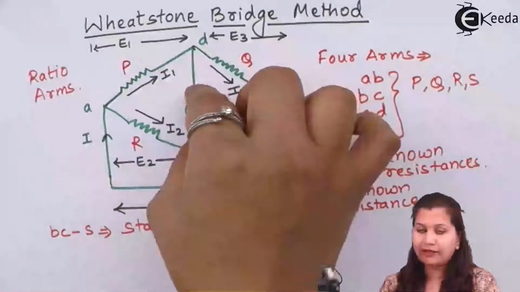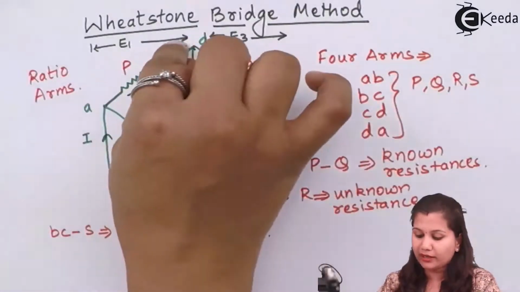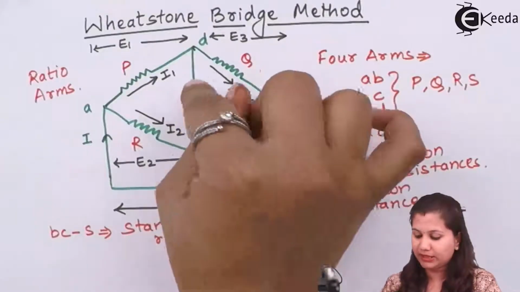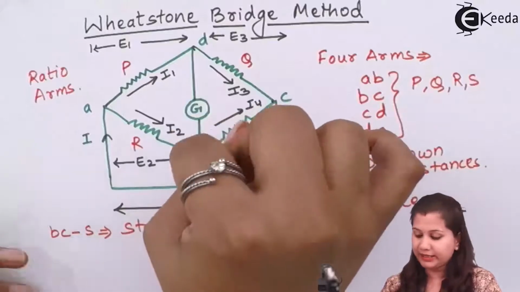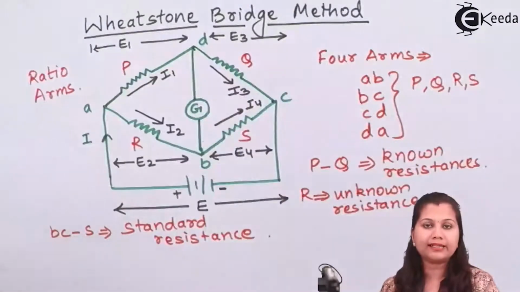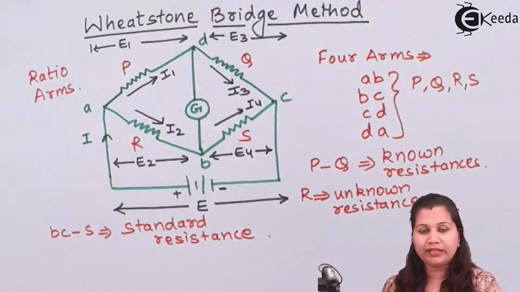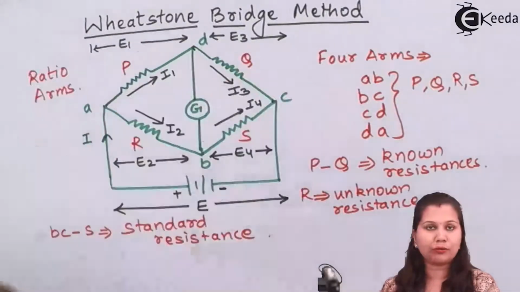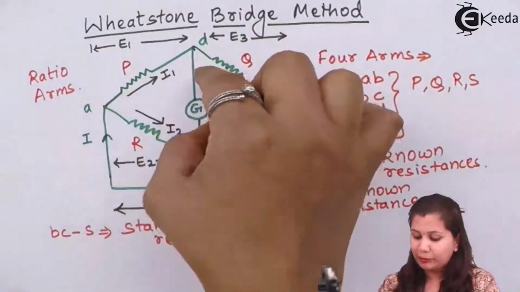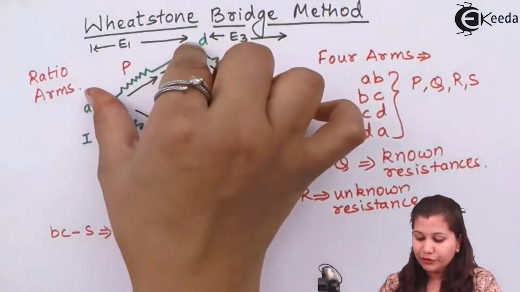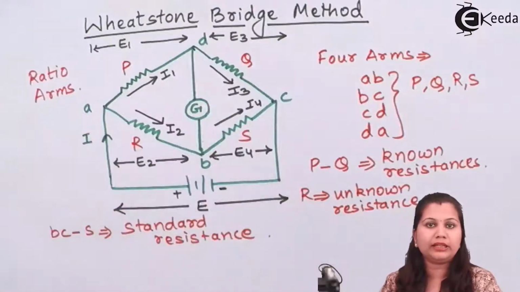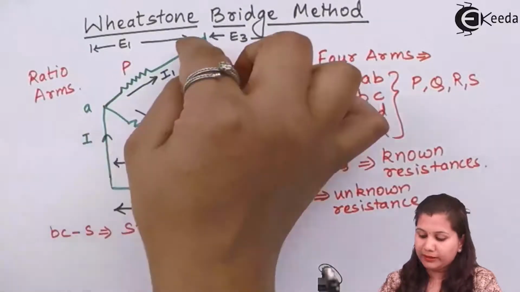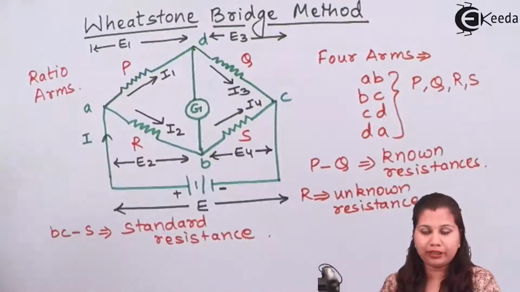When the galvanometer shows 0, it means no current is flowing between the points D and B, or we can say that B and D are at the same potential. When they are at the same potential, there is no potential difference, so the galvanometer will indicate 0. So at that point, the potential drop between the points A and D and between the points A and B will be equal, because D and B are at the same potential.